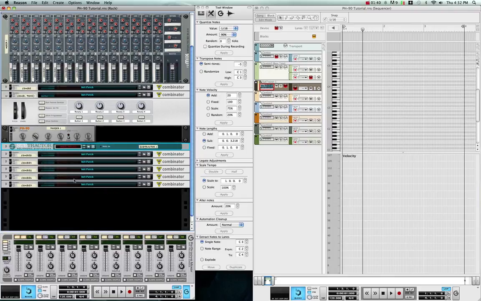Another huge difference in this phaser is that it's a four-stage, or four-band, phaser, if you will. I'll try and explain what it does, and that should explain what that means.